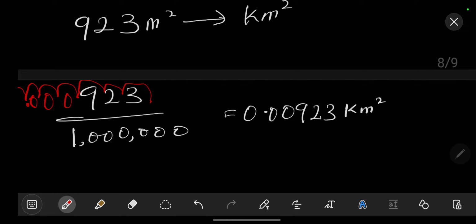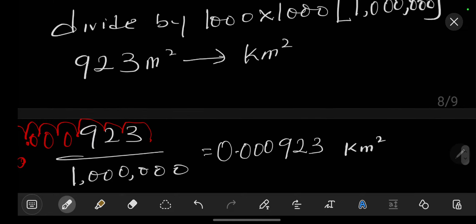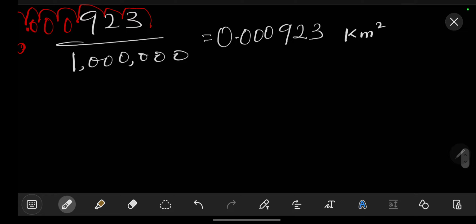So it means in front of the point, we have 3 zeros behind. And for that reason, a 0 will be created here. In order to put that, a 0 will be created there. So to write that, it will now become 0.000923.